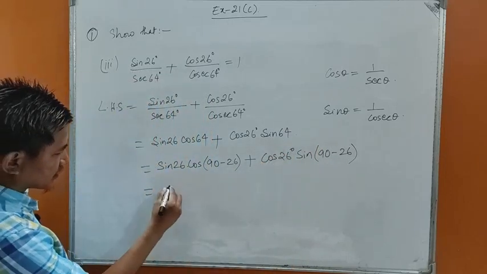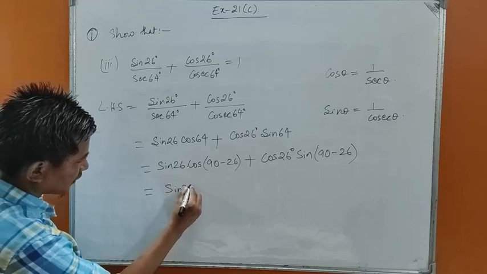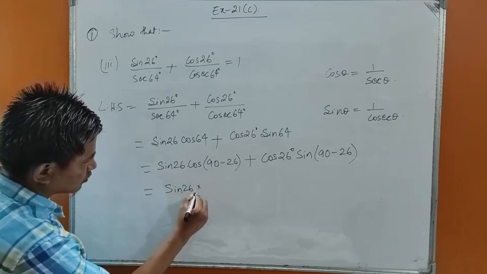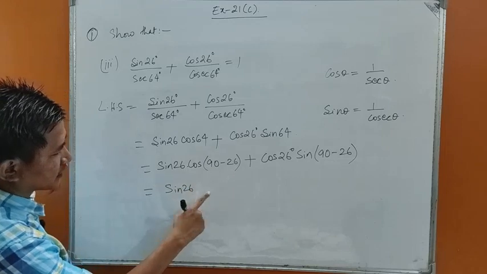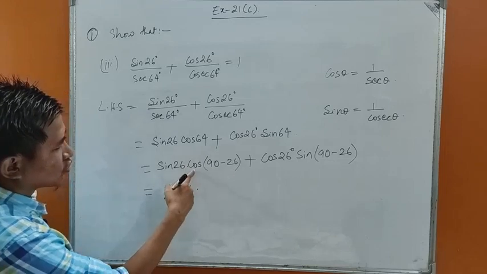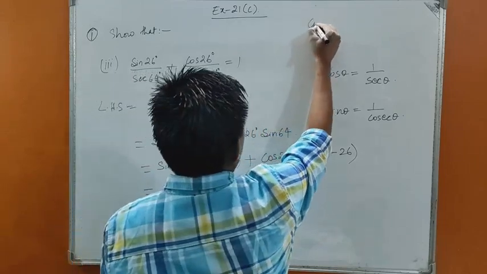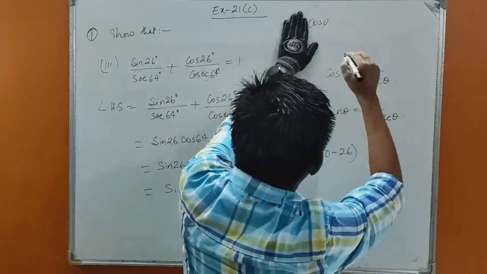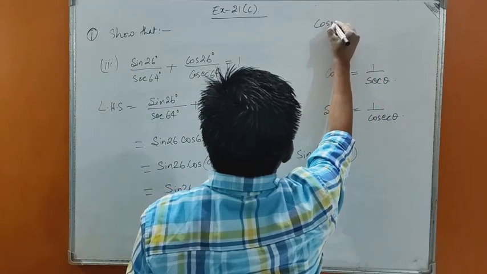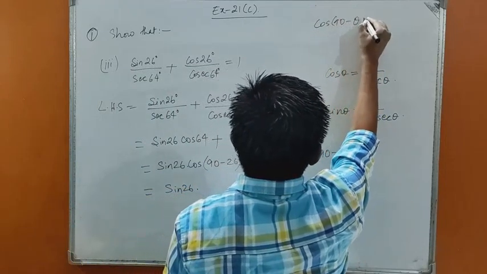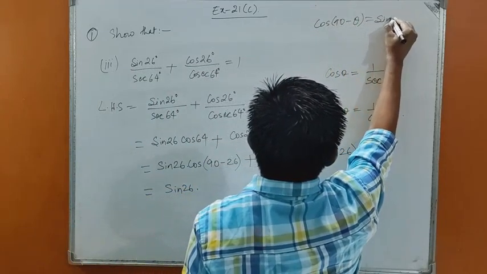So we have sin 26 degree here, sin 26 into, there is no sign means into, I write dot here, cos 90 minus theta. Cos 90 minus theta equals to sin theta, isn't it?